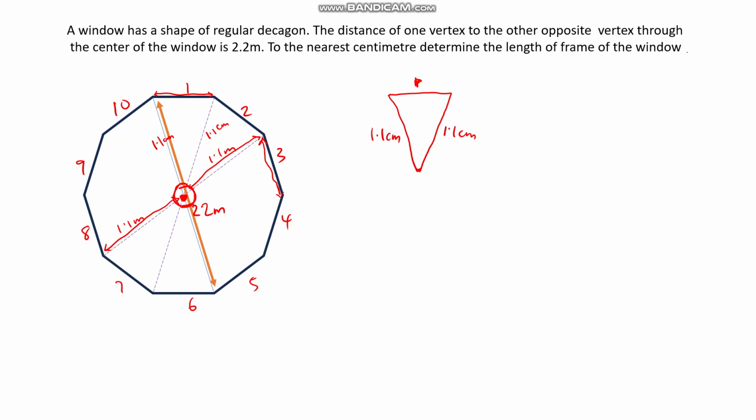By the time I divide it into 10 equal parts, each of these will have 36 degrees. That's 360 divided by 10.